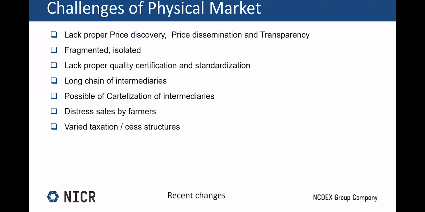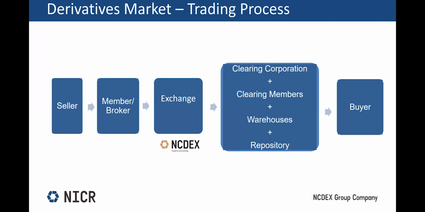And of course, this direct taxation of mandi cess leads to arbitrage opportunities, which also leads to price fluctuation in two markets. So there are examples which I think we will explain in detail once you want to understand this marketplace in a much better way. So what happens in terms of the derivatives market?